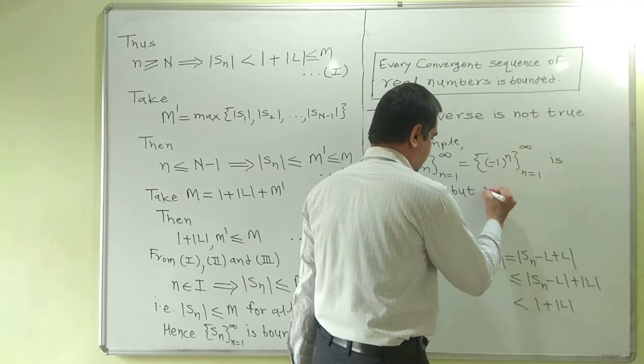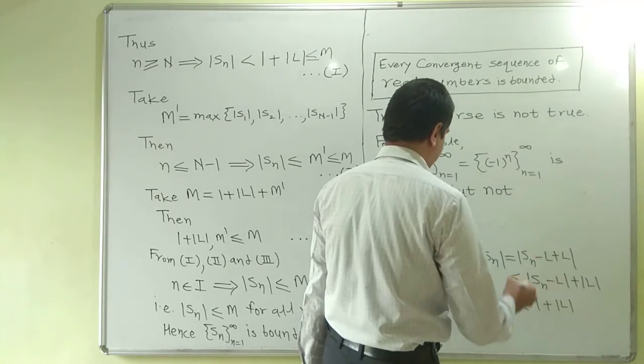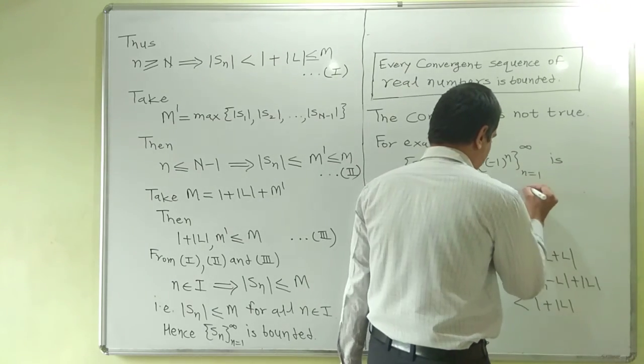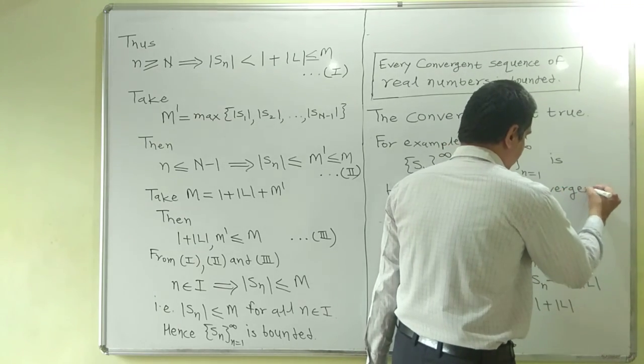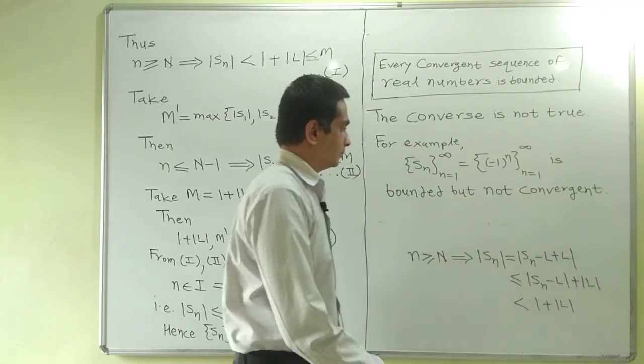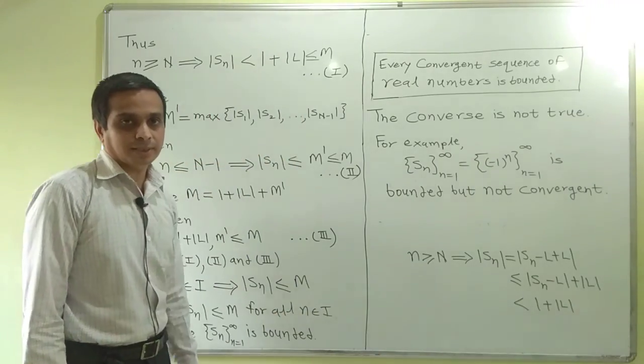It is an oscillatory sequence. It is divergent but not convergent. So remember, every convergent sequence is bounded but not conversely.